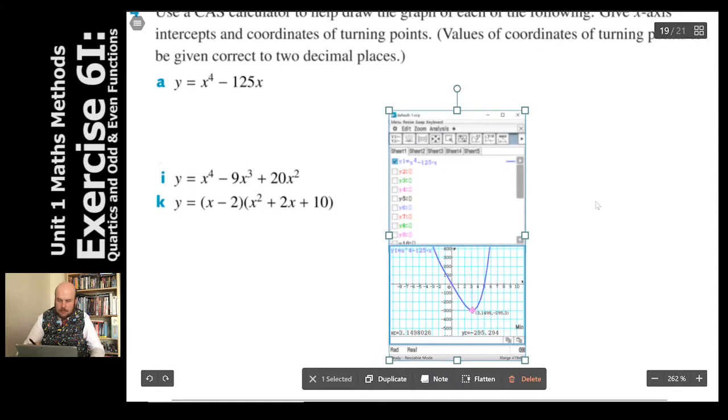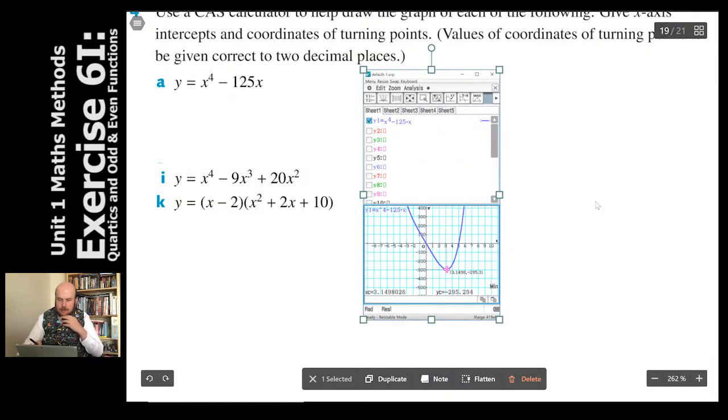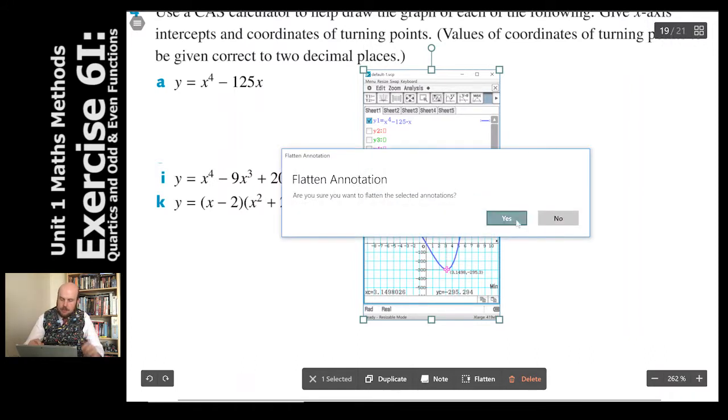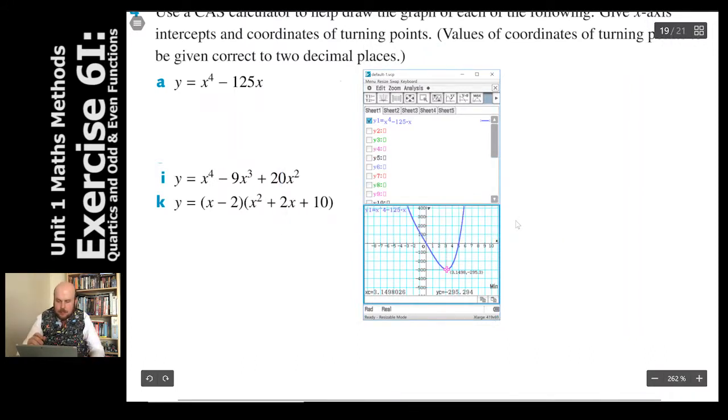Zoom in here. There we go. That's our graph for A. I'll flatten that one. So that is A. We've got our coordinates here. I know that's 5, 0 over there and 0, 0 is there.